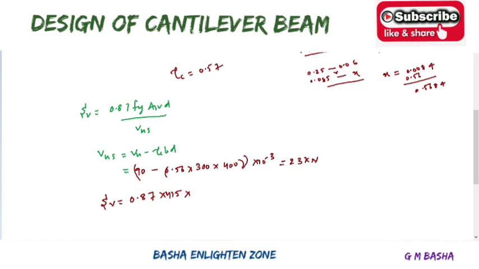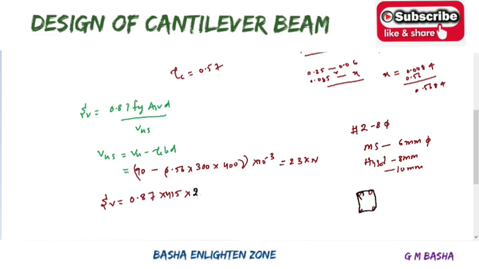You can take Asv. So provide stirrups of 2-legged 8 mm bars. Already we know MS bar starts with 6 mm diameter, which is mild steel plain, and HYSD bar starts with 8 mm, like that. So here I am using 8 mm, and 2 legged in the sense if there will be 4 bars, you can connect the bars like this, which is 2 leg.